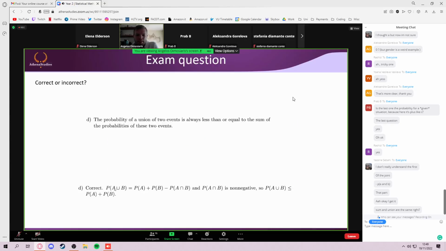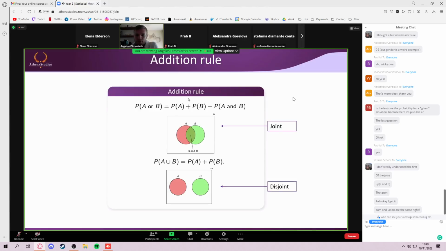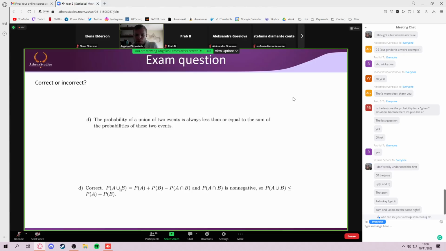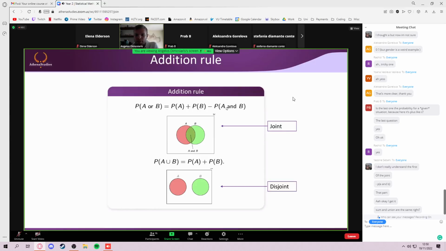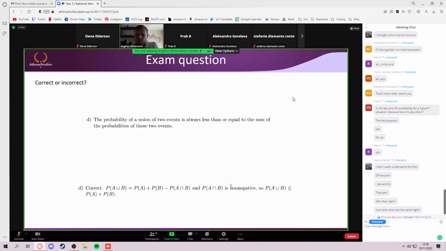So the mathematical way is that, since there are joint events, right? They're joint. So what did I say for joint events? The probability of A or B equals the probability of A plus the probability of B minus the probability of A and B, just like I did here. So the probability of A, the probability of B minus the intersection. So this beautiful bastard here is non-negative, it's a positive value.